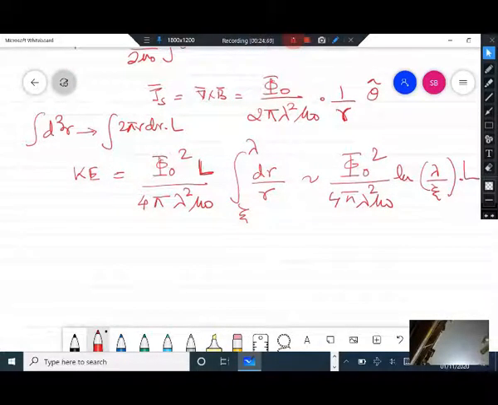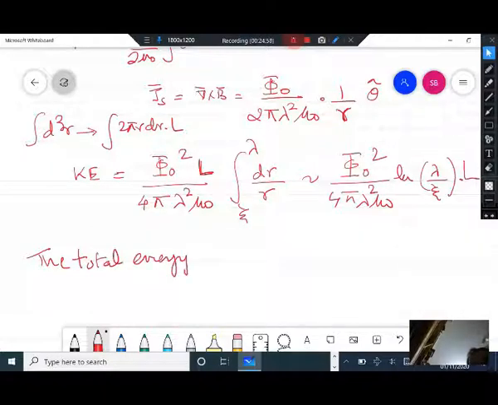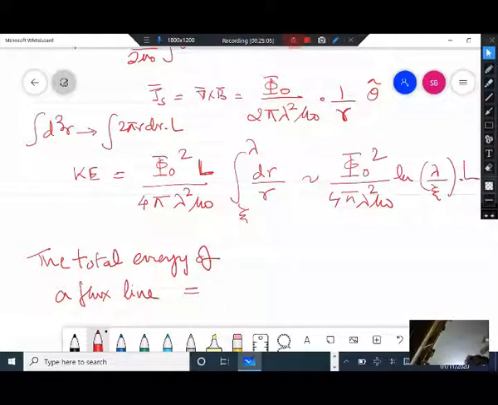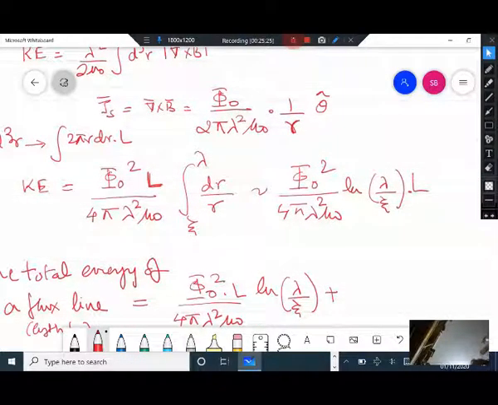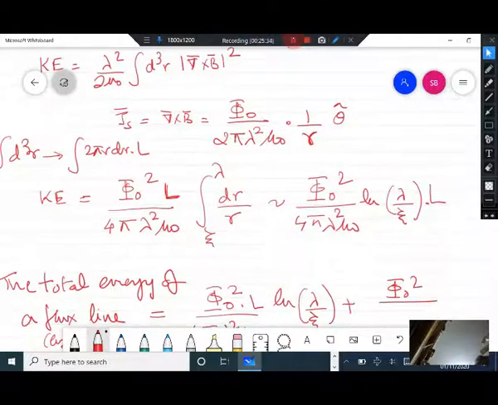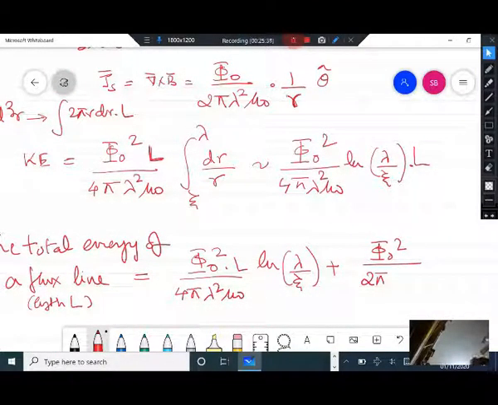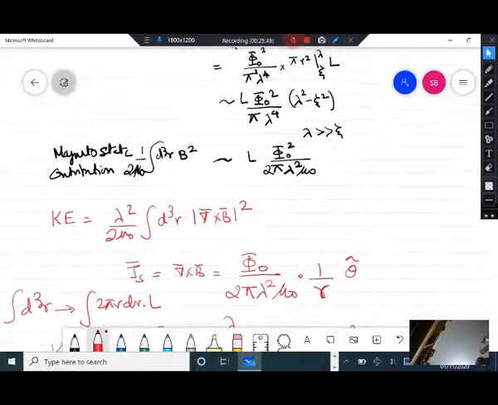So the total energy of a flux line of length L would be phi naught square by 4 pi lambda square mu naught into L log of lambda by xi, plus the magnetostatic energy contribution, which is phi naught square by 2 pi lambda square mu naught into L. This would come from here.